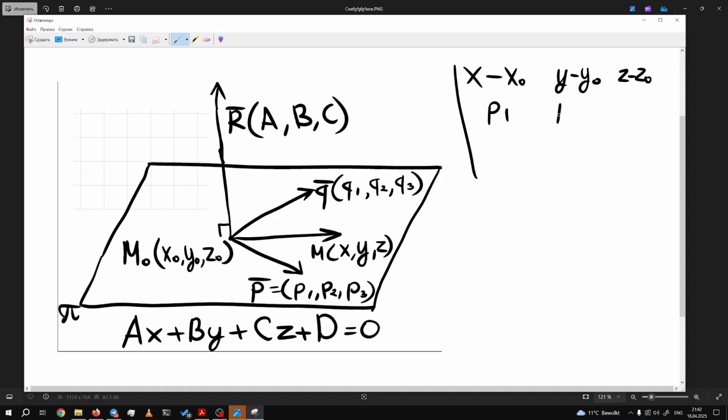This is P1, P2, and P3, and there are Q1, Q2, and Q3, and this determinant is equal to 0. You just put two vectors which are in your plane, Q and P, as rows, of course, and x minus x naught. X naught is some point in our plane.